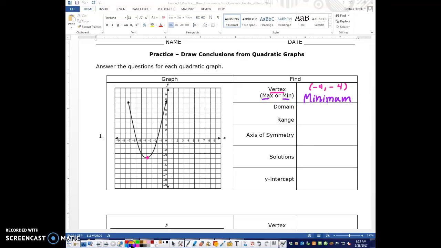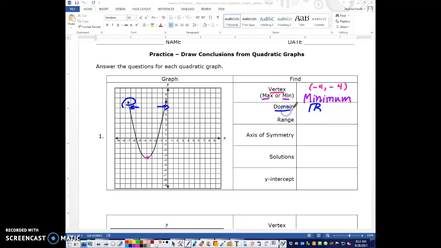All right, the next we're going to look at is the domain. Remember we did domain a while back. Domain is how far to the left and right does it go? So how far to the left is this going to go? Infinity, because of that arrow. How far to the right? Infinity, because of the arrow. So the domain is what? All real numbers.